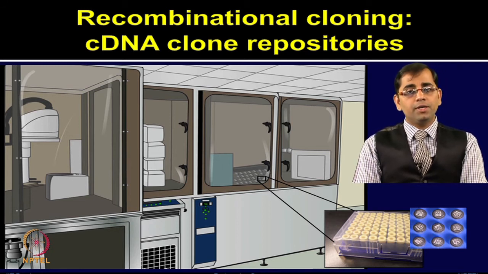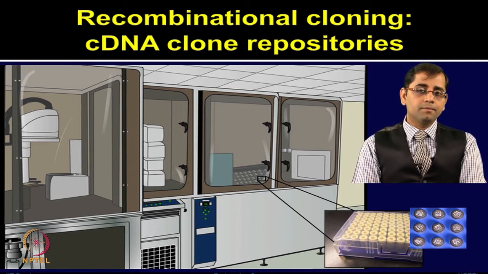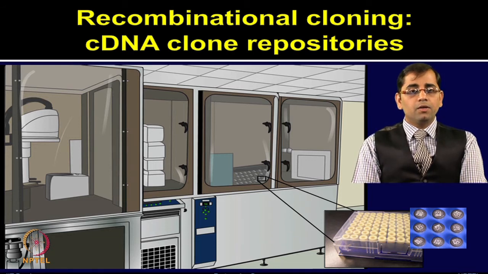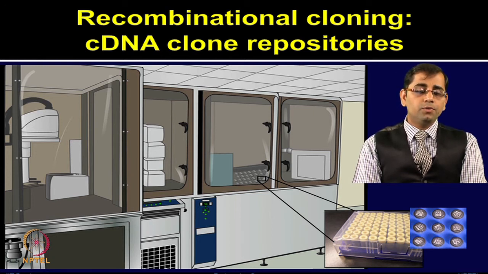Thorough documentation or automation is very essential to identify a clone of interest within such a large repository. Therefore, these storage systems are highly automated, where temperatures are strictly maintained at minus 80 degrees. These genes, which are generated from recombinational cloning, can then be located and cloned into any vector.